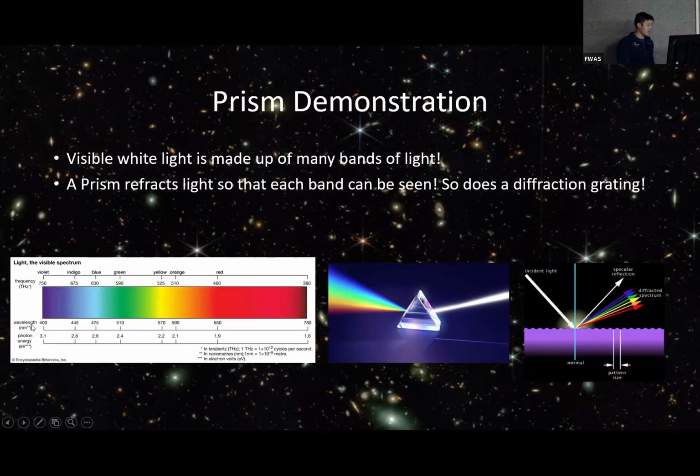And then you have your wavelength, 400 nanometers, a billionth of a meter. Sorry about that, getting confused. Your photon energy is 3.1 electron volts.